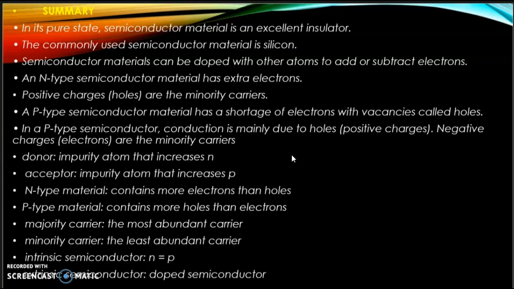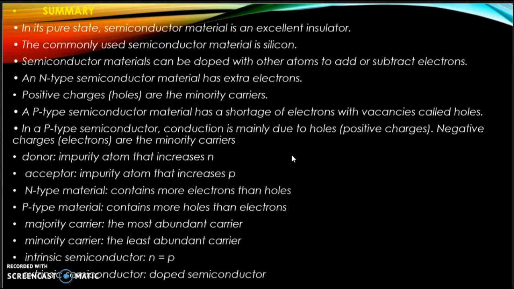The donor element is the element that increases the number of electrons, while the acceptor element, or acceptor impurity, is the one that decreases the number of electrons, or increases the number of holes. So we said N-type materials contain more electrons, and P-type materials contain more holes than electrons.